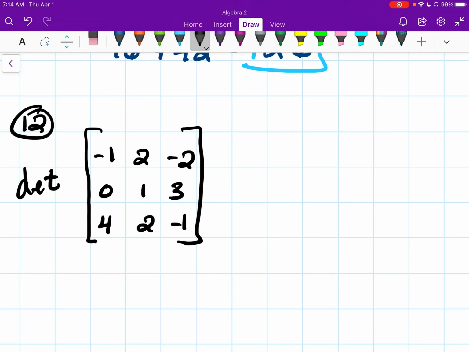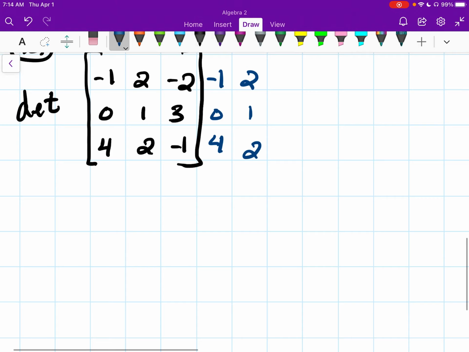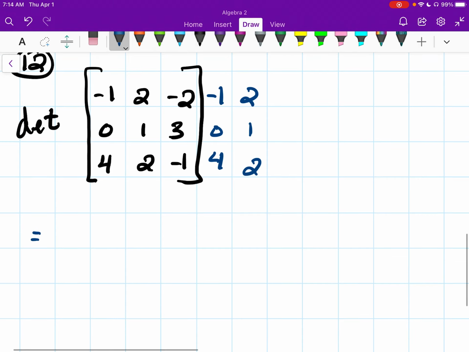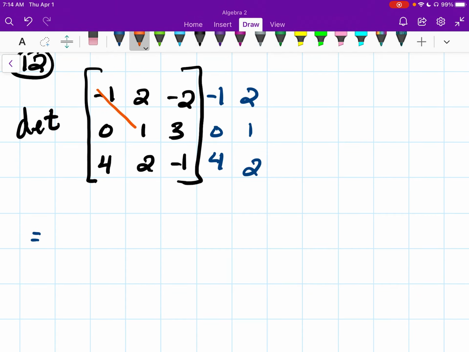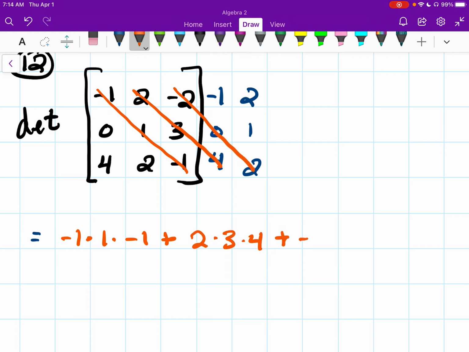Again, I'm going to copy down the first two columns. So this will be negative 1, 2, 0, 1, 4, 2. I start with my main diagonal. This would be negative 1 times negative 1, 2 times 3 times 4, negative 2 times 0 times 2.